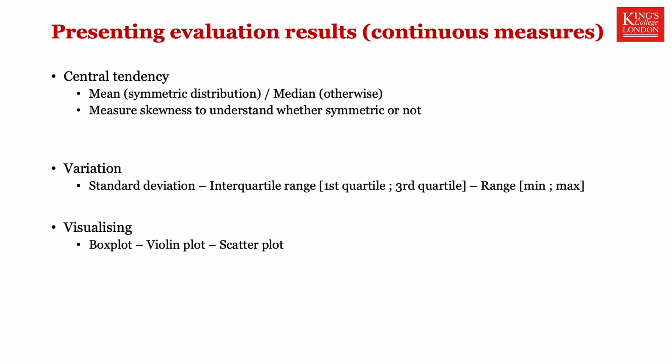So variation, you can present with the standard deviation or the interquartile range, so the first quartile to the third quartile, or simply the range min max. What can help is also visualizing, either with box plots, but also with violin plots, where you can better see the distribution. It's quite interesting when you have a bimodal distribution, for instance. Ultimately, you can also do scatter plots or dot plots.